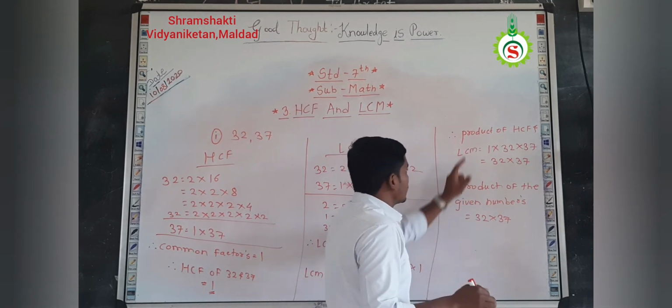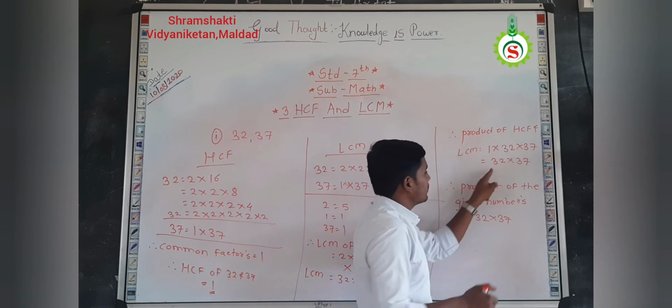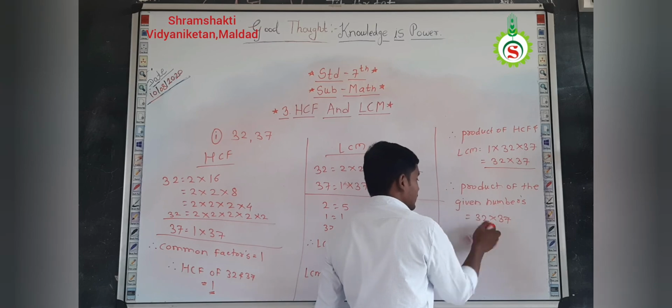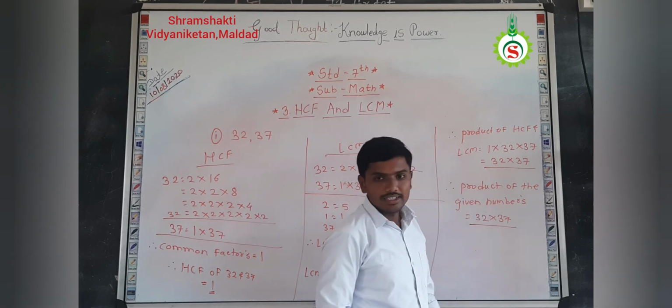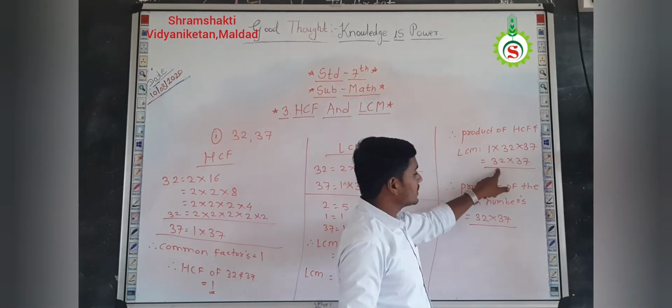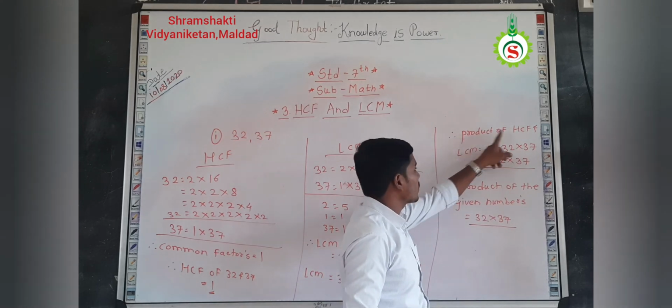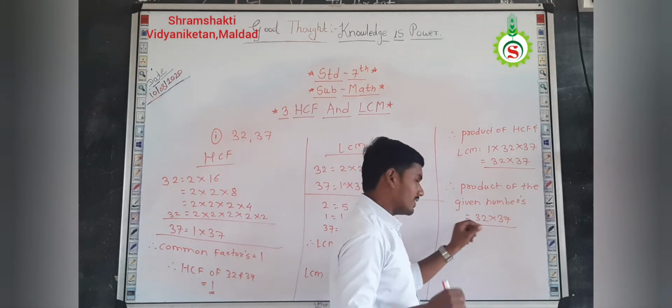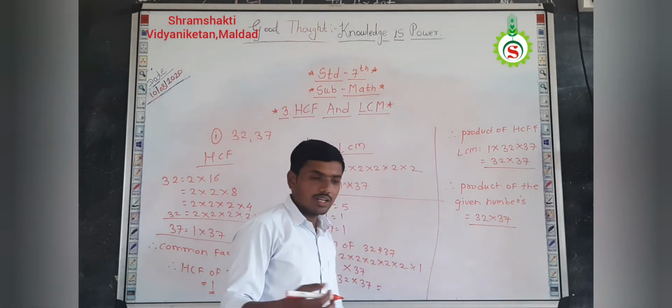Therefore, we see the product of HCF and LCM is 32 into 37 and the product of the given numbers is also 32 into 37. That means you will get the same answer from the product of HCF and LCM and the product of given numbers. That means our verification is over.